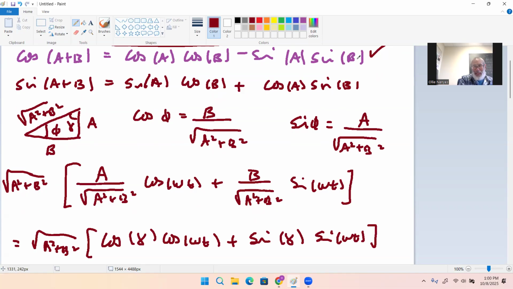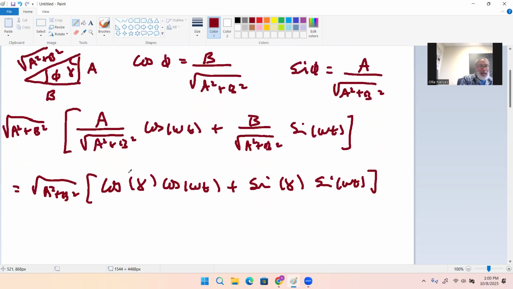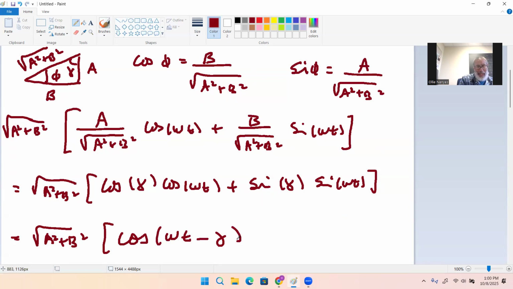Now, when we plug into this formula right here, notice there's a sign difference. So I'm going to use negative gamma. This turns out to be a single cosine of omega t minus gamma.